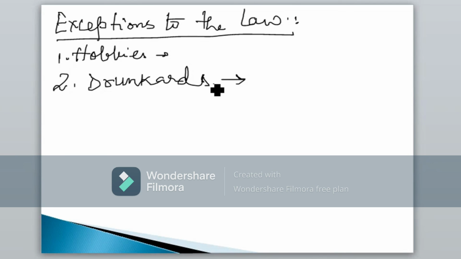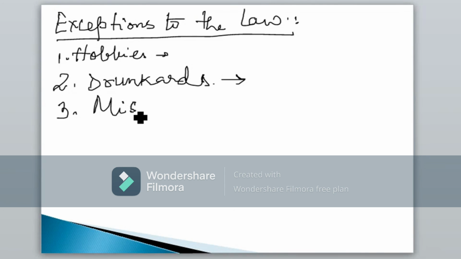Consider the case of drunkards. Is the law applicable for a drunkard? Because intoxication increases with every successive dose of liquor. It may be cigarettes, it may be drugs. If you have a certain kind of addiction, your satisfaction level never decreases. The more you consume, so here also the law does not apply.